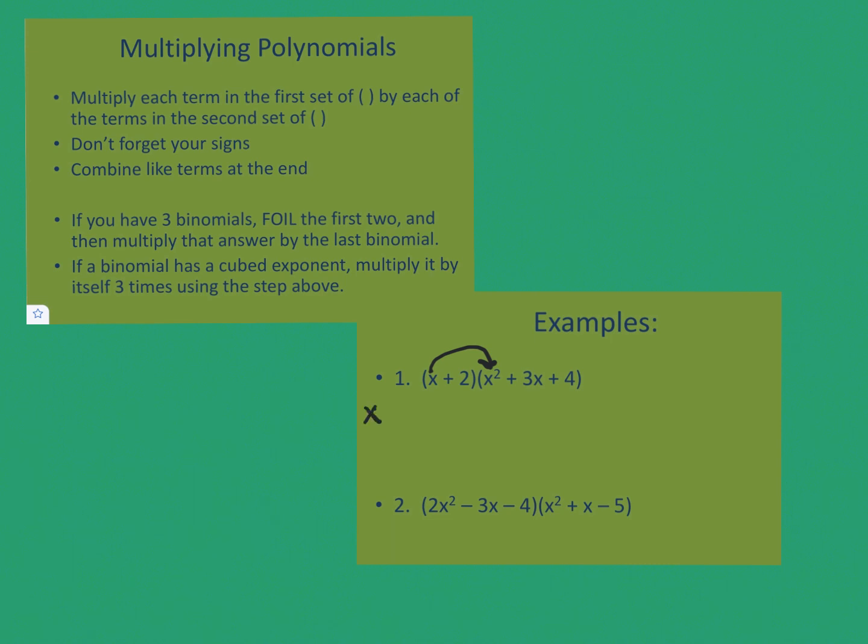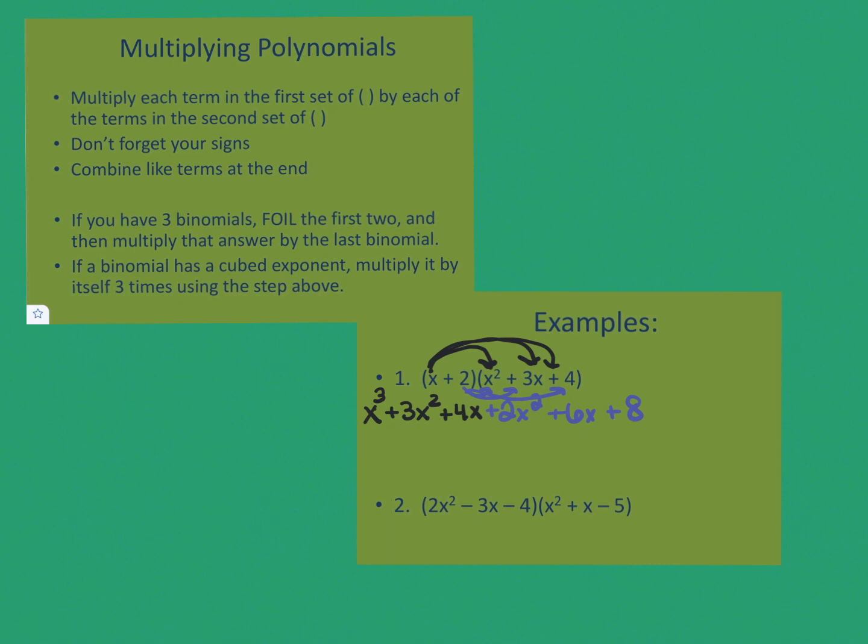So x times x squared, x to the third, x times 3x, 3x squared, and x times 4, positive 4x. Then I'm going to take the 2 and do the same thing. 2 times x squared, 2 times 3x, and 2 times 4.